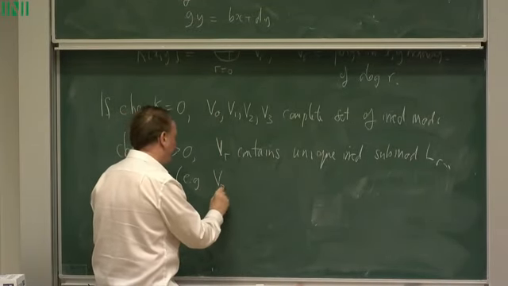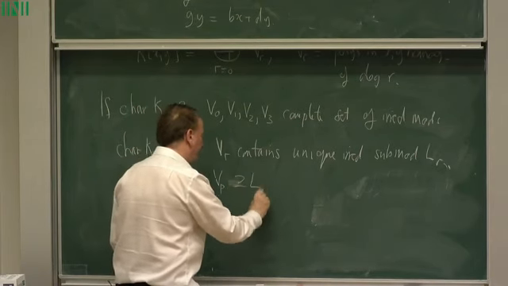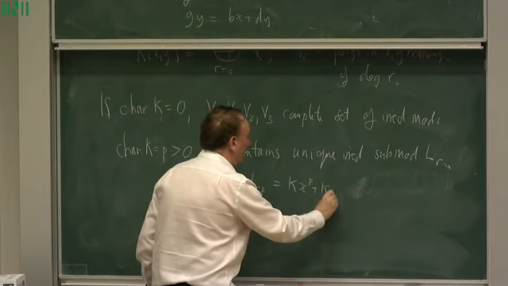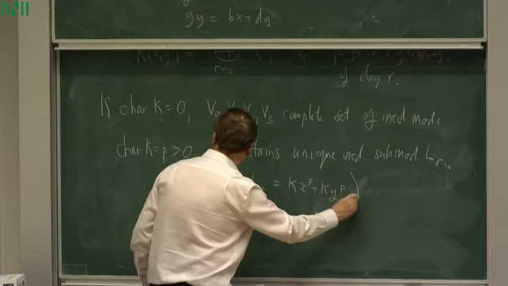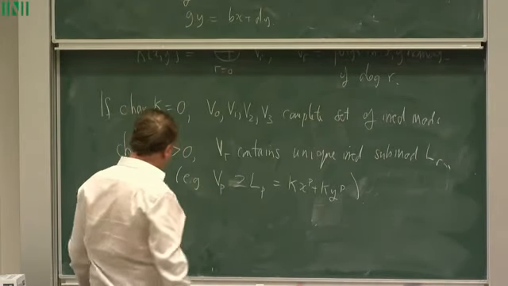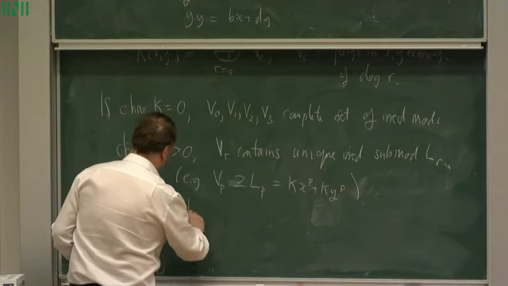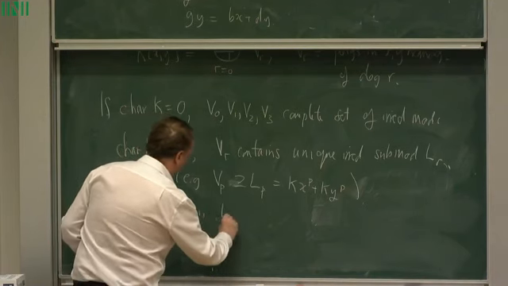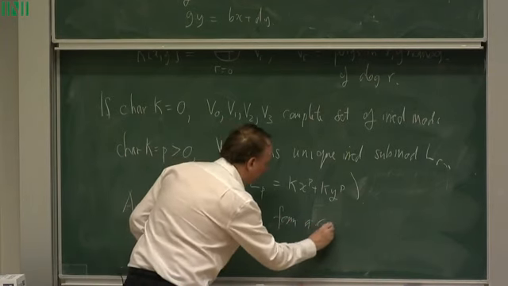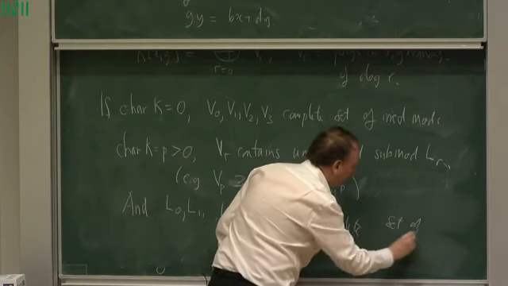Well, you can see some submodules easily, for example V_p contains L_p, kx to the p plus ky to the p. And now these modules form a complete set of irreducibles.